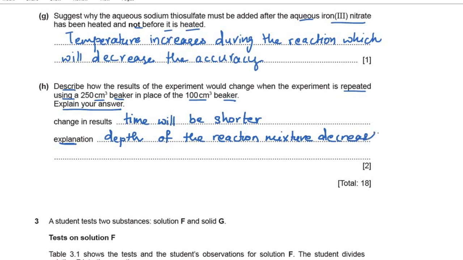And so the change is visible easily, and that's why the shorter time will be taken to observe the reaction change, and so the time noted will also be shorter.